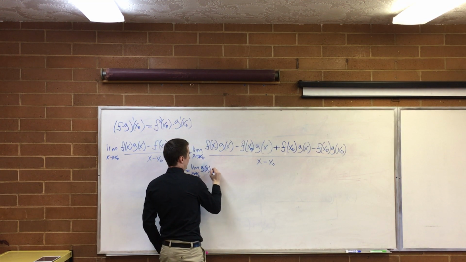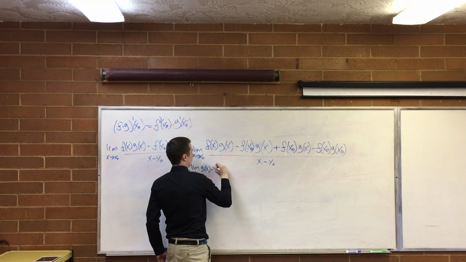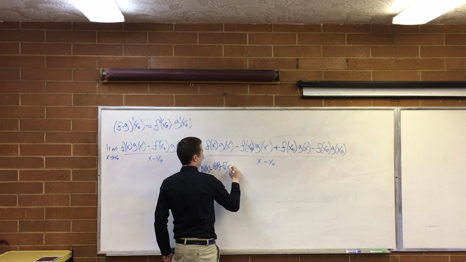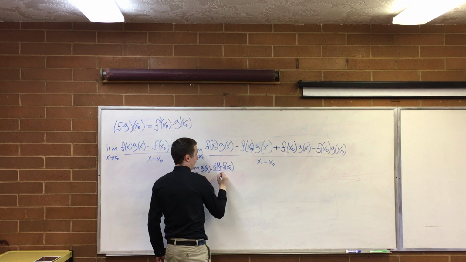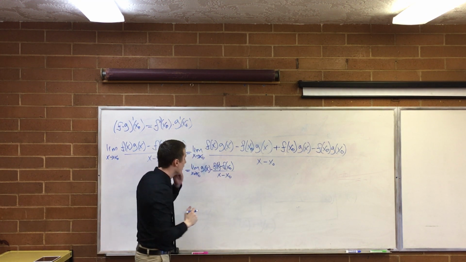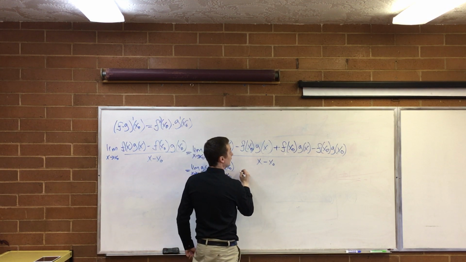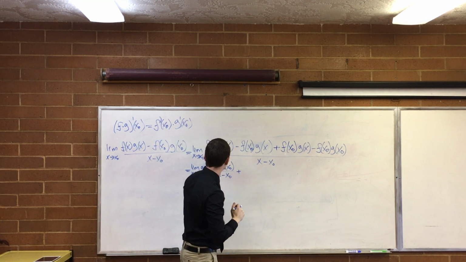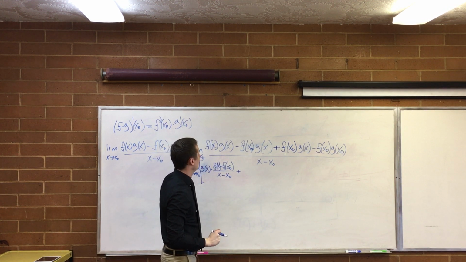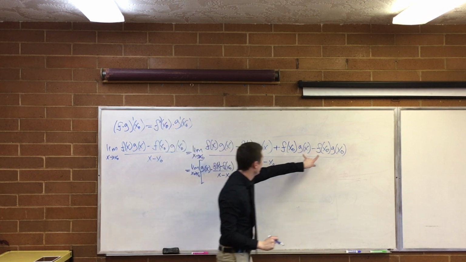We have g of x times f of x minus f of x naught over x minus x naught, plus, and we're taking the limit of the whole thing, plus, what was I factoring out here?